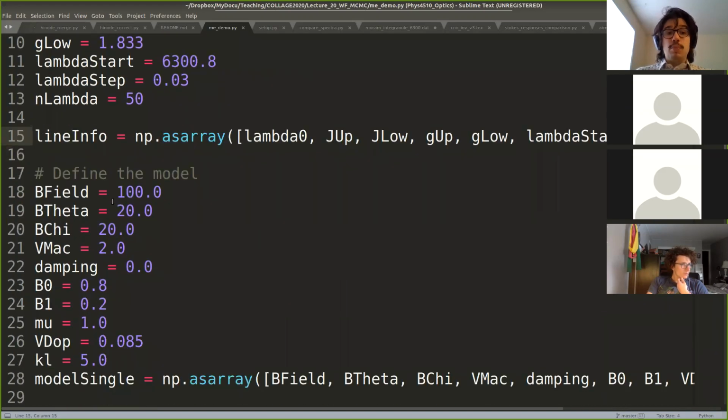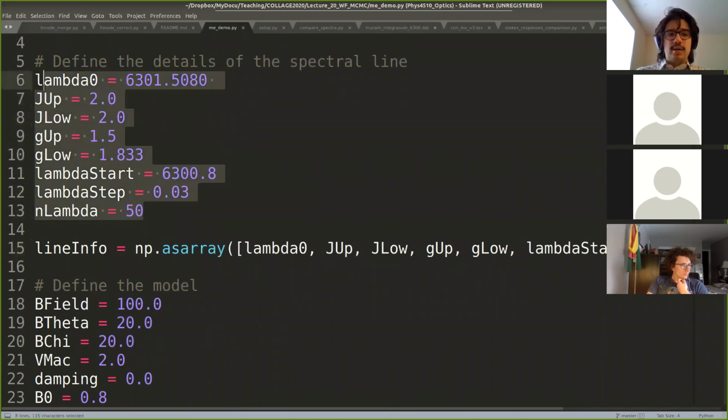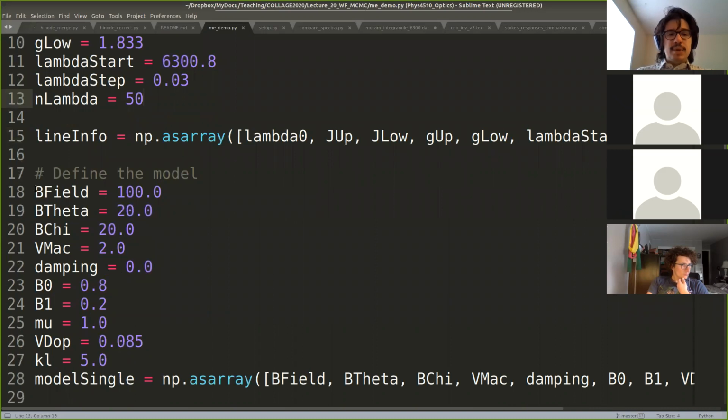And then you define your model. So these things describe your line, right? This is your line model, so to speak. These things up there describe your atmosphere. So there is magnetic field inclination, magnetic field azimuth, macroturbulent velocity, damping. B0 and B1 are these two parameters describing the slope of the source function.